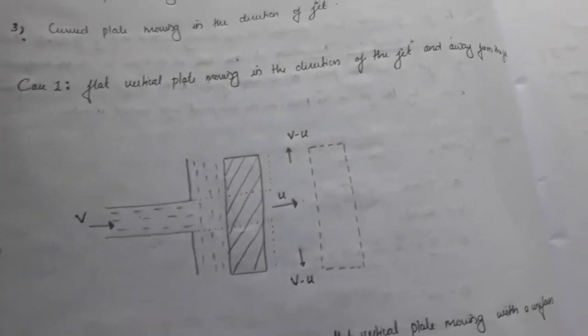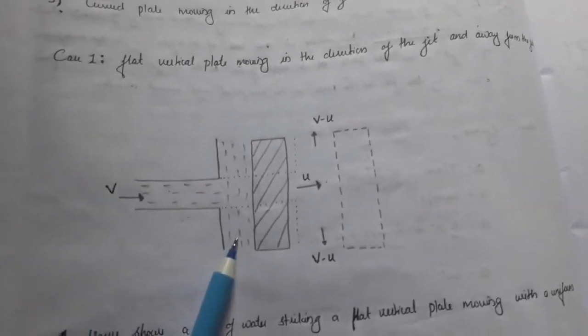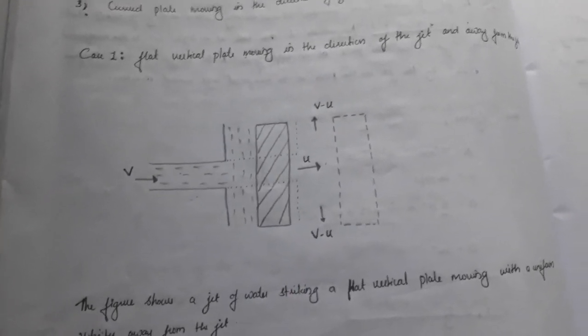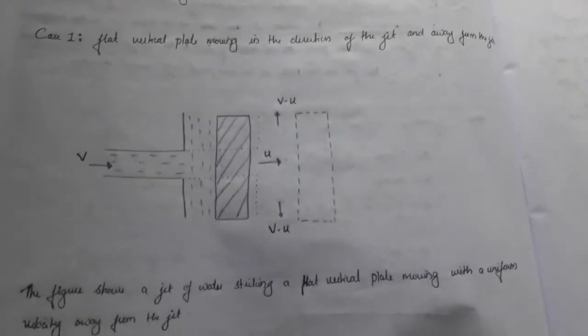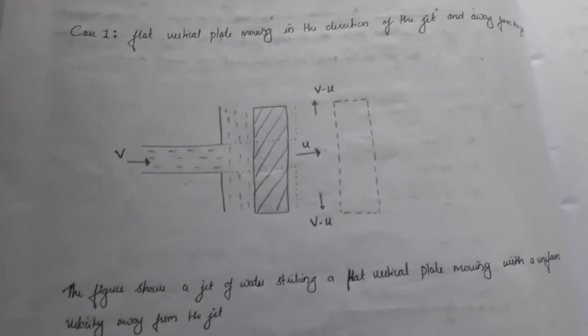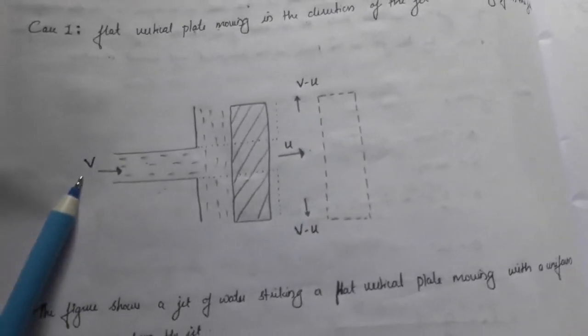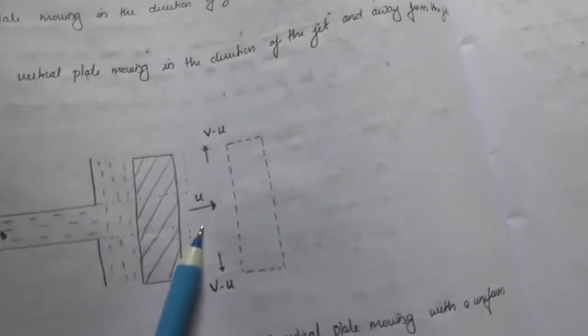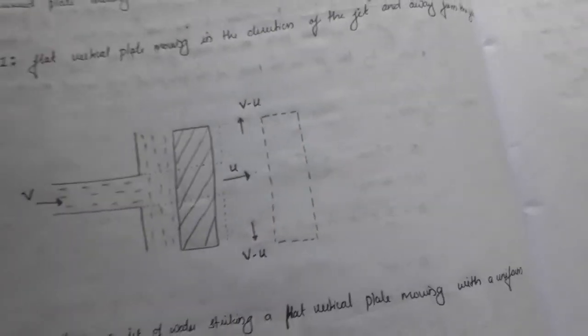This is a flat plate on which a jet is moving with a velocity V and striking the plate. In this case, the jet is not striking the plate with a velocity V, because V is the absolute velocity of the jet, but the plate is moving in the direction of the jet with velocity U. So you will have a relative motion between the jet and the plate.